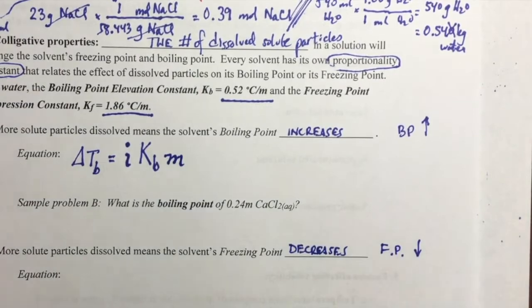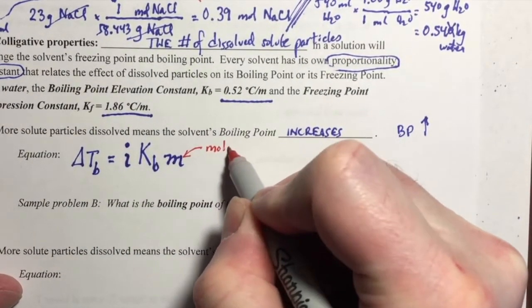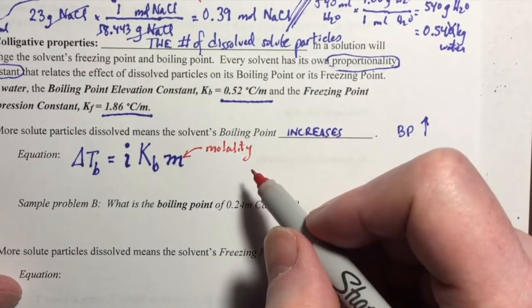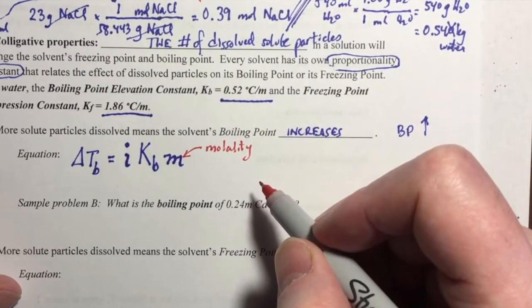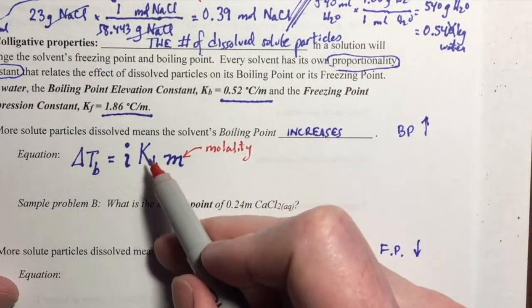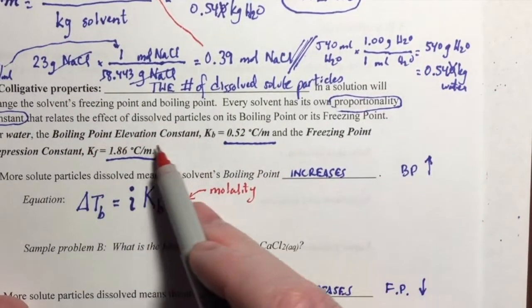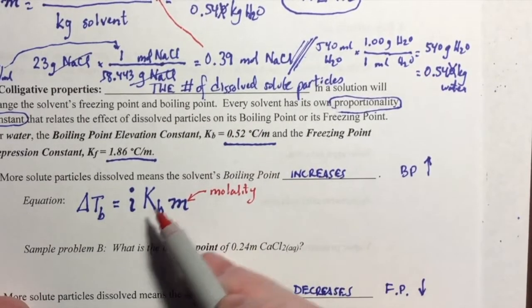So what are these? Well, we know molality because we've just covered it. That's the number of moles of solute divided by the kilograms of solvent. Capital K sub B is this boiling point elevation constant. It's this number right here. This is a constant.